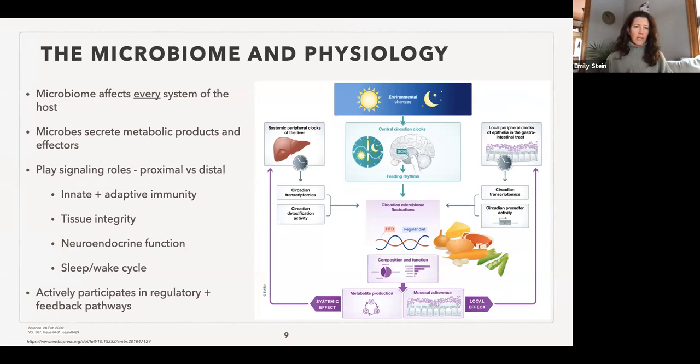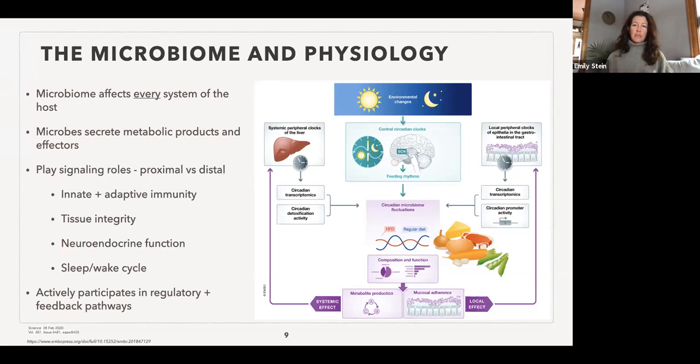And then neuroendocrine function, obviously sleep-wake cycle, restfulness, aggression, those kinds of things have actually been linked to microbes that inhabit the GI tract. And then feedback loops. They're intimately involved in not only hormone feedback loops, but also neurotransmitter feedback loops and metabolic feedback loops.